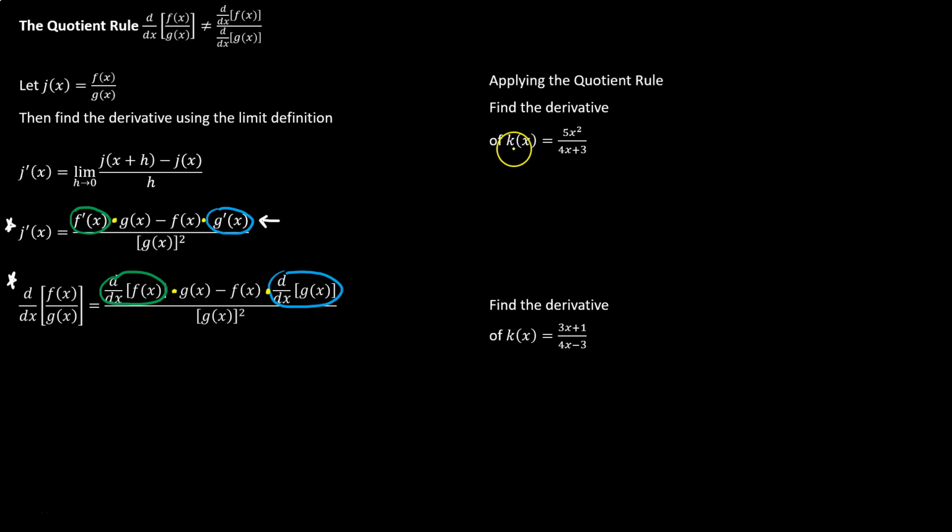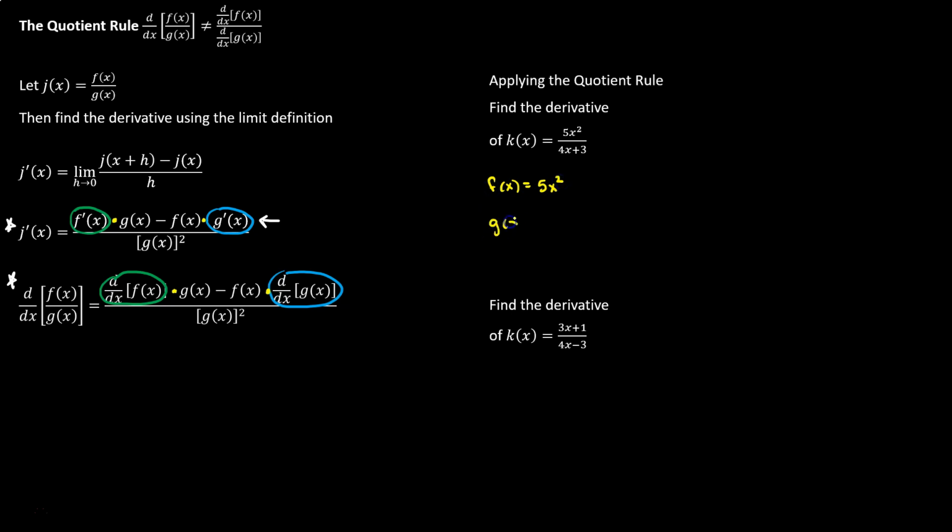So we have this function k. k is a rational function. The numerator of that rational function is 5x squared. The denominator is 4x plus 3. So that would mean that our f of x is 5x squared.